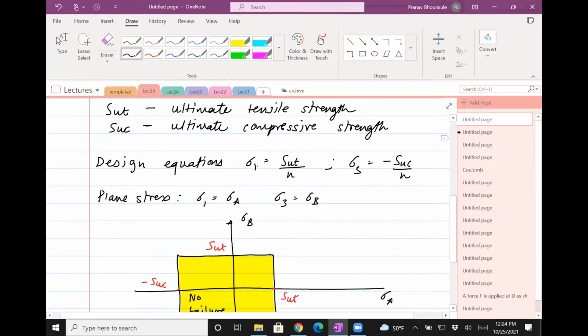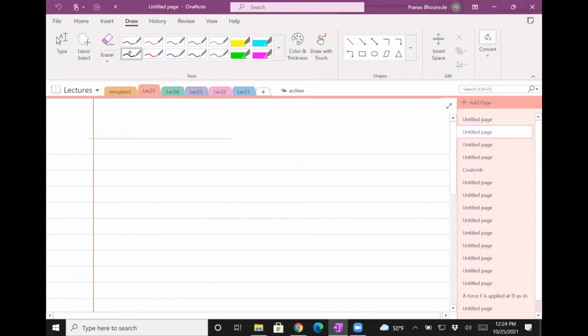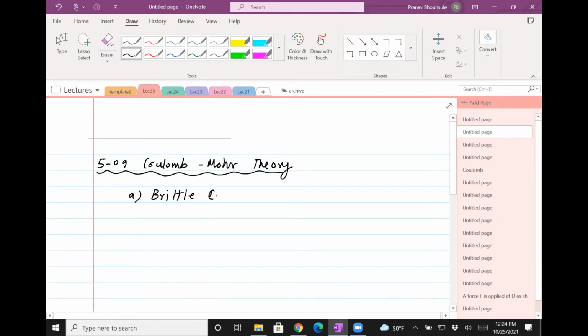Next we'll talk about the next two theories in one section, Coulomb-Mohr. There are two theories we'll talk about. One of them is called the brittle Coulomb-Mohr theory, and this is similar to the ductile Coulomb-Mohr theory.